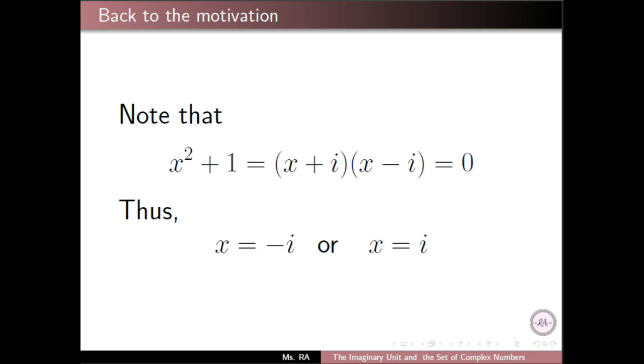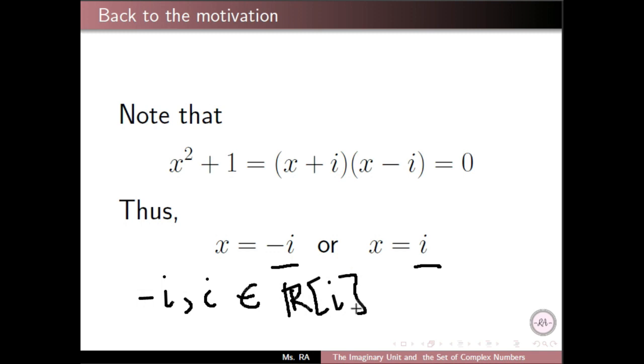And we know that the solution set for x is an element of R adjoin i, or just simply the set of complex numbers. So this is the set where we can find the solution set for this quadratic equation.